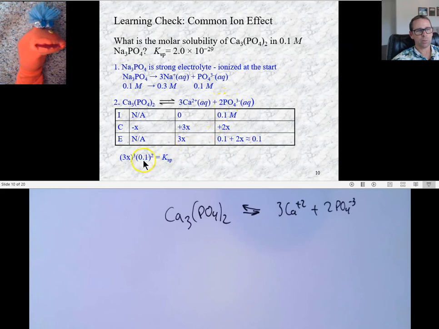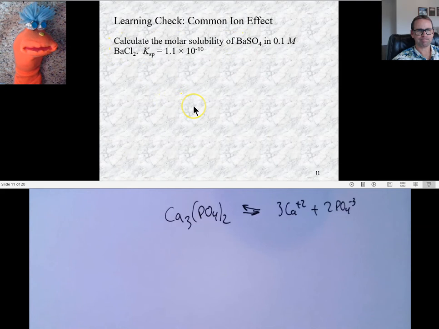We take 0.1 squared because in the equilibrium expression, the 0.1, which is the concentration of phosphate ion, is raised to that 2, right? 3x cubed, and simplify this, set it equal to KSP, 2 times 10 to the minus 29, solve for x, and that will be the molar concentration of calcium phosphate that'll dissolve even when there's that common ion present.